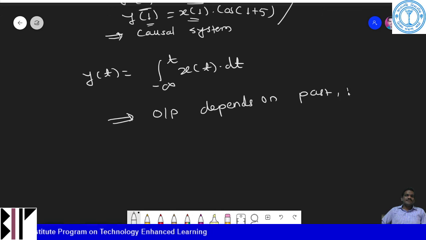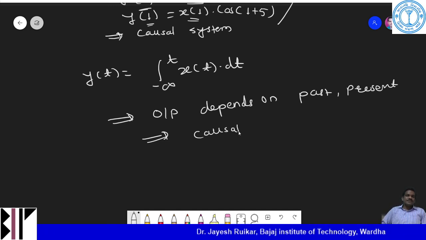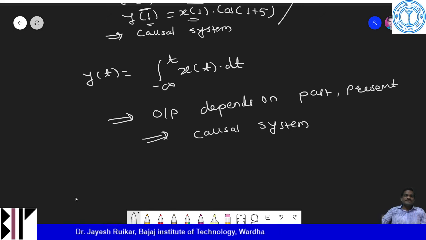That's why it depends on past and present, so the system is a causal system.